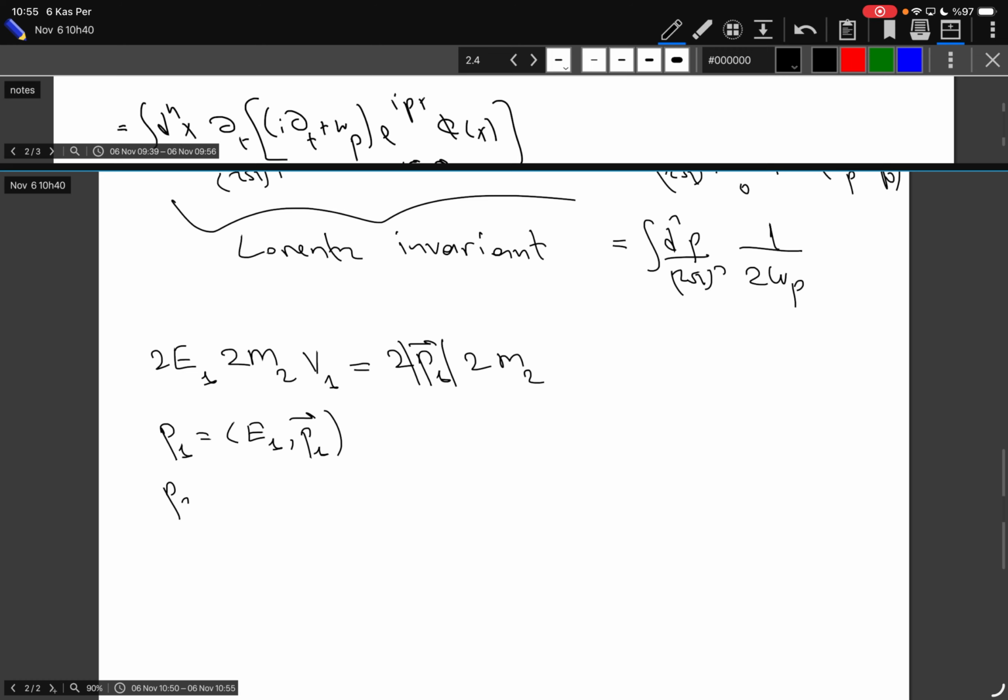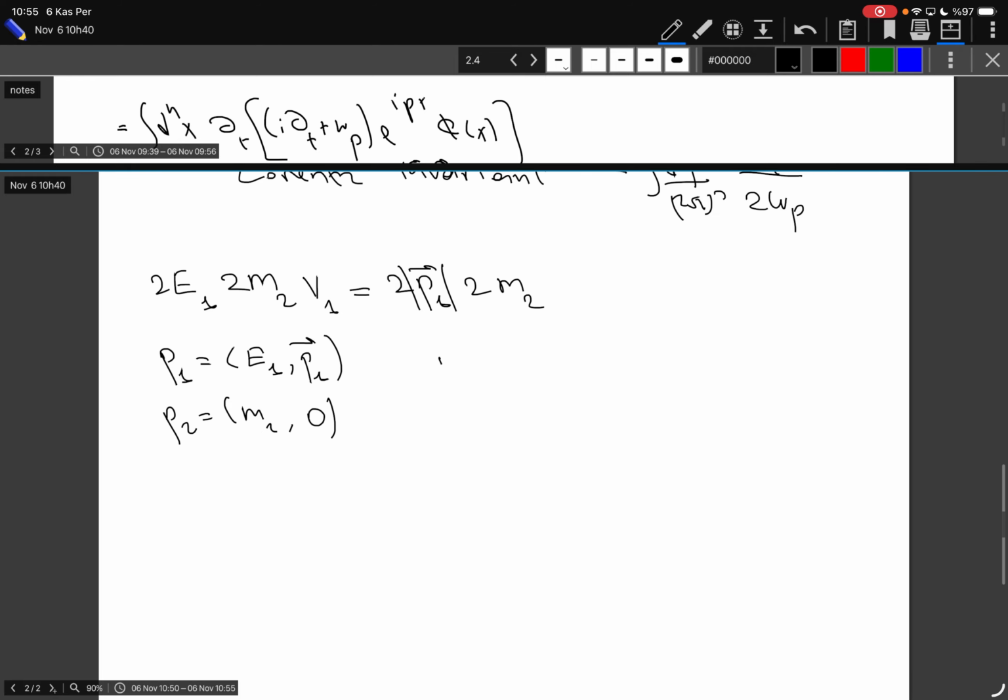My other particle is M2, 0. This is what I have in the lab frame. Well, let's see. If I look at the four-product P1, P2, that is E1 times M2, or E1 will be equal to P1·P2 divided by M2.